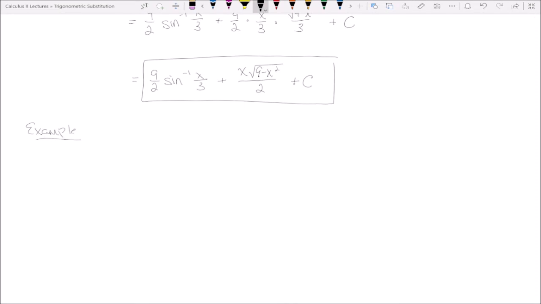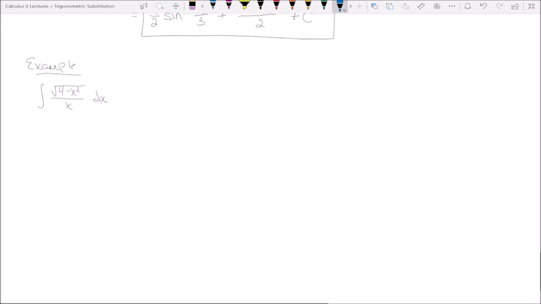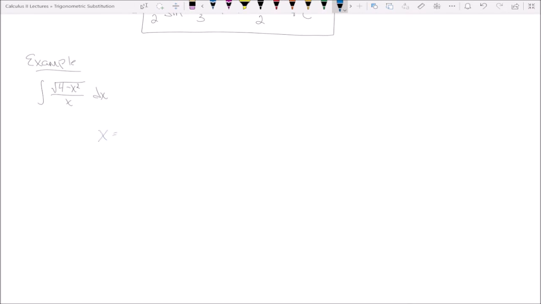Let's now go ahead and look at the antiderivative of the square root of 4 minus x squared over x dx. Again, this looks like it's going to be a sine substitution, so let's try x equals 2 sine of theta. dx equals 2 cosine of theta d theta. And the square root of 4 minus x squared will be 2 cosine of theta.